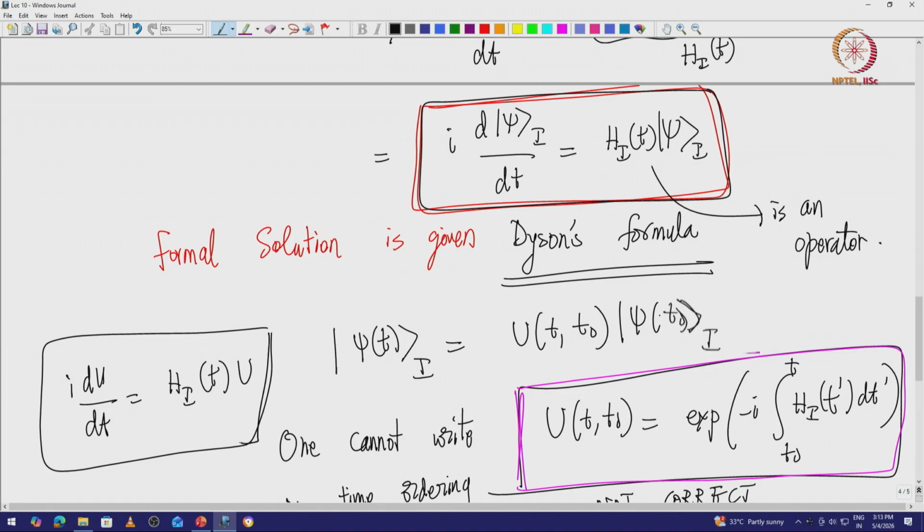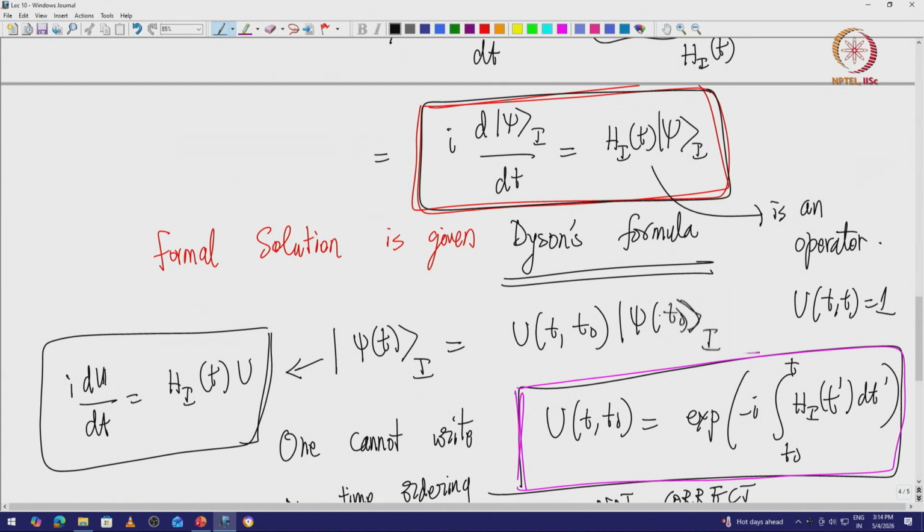If I represent this thing into this, I can integrate it out, i dU by dt is equal to H_I of t into U. Here U of t t0 is the operator which keeps taking in time, such that U of t t is equal to 1.